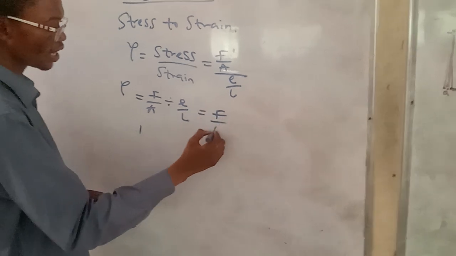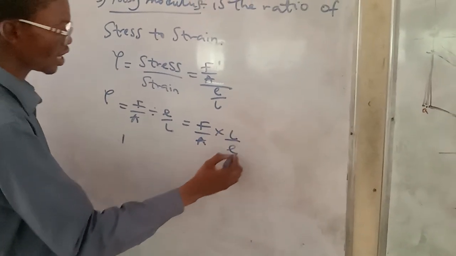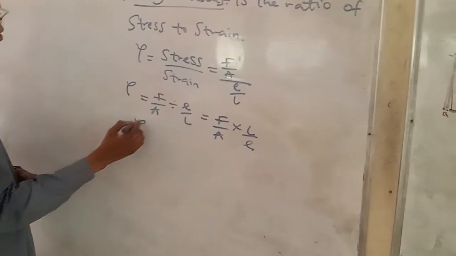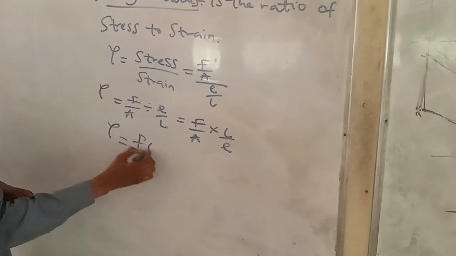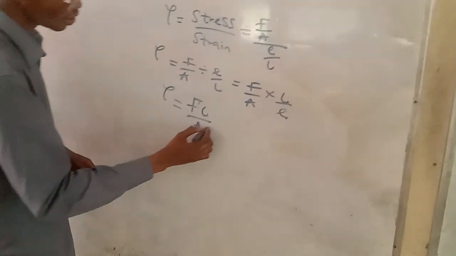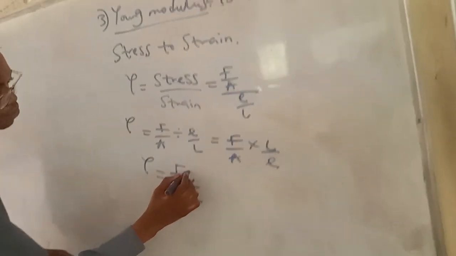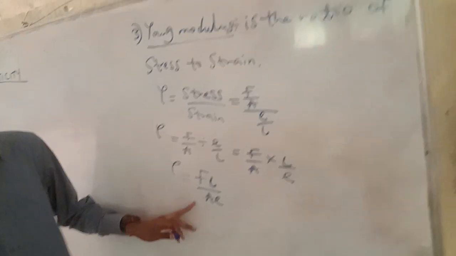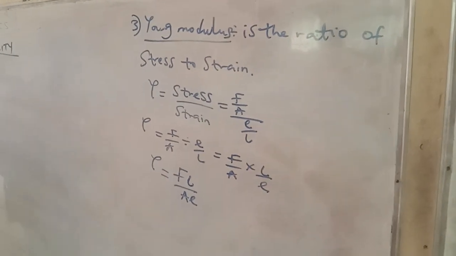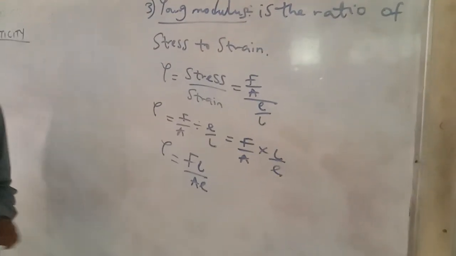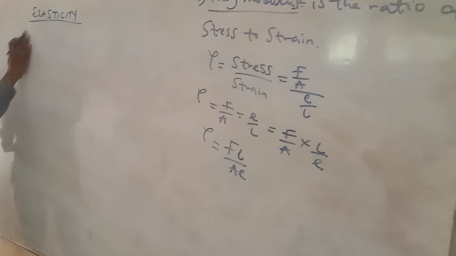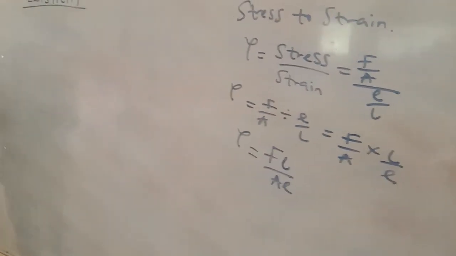We have force over area times length over extension. Then we have our Young's modulus as FL over AE. So this is the formula for Young's modulus: force times length over area times extension.